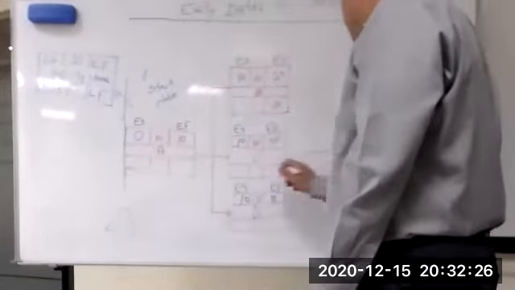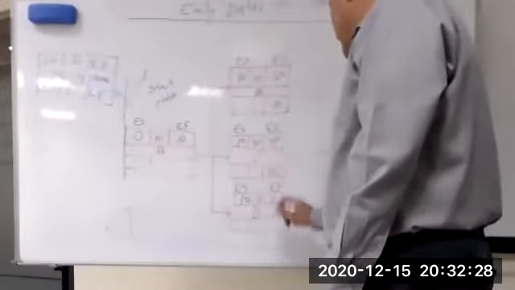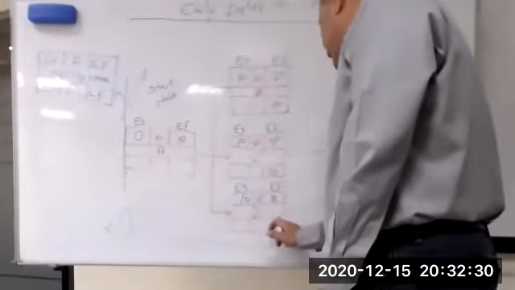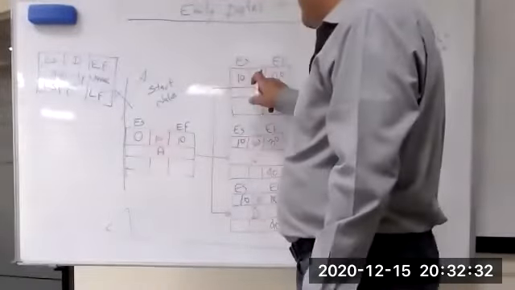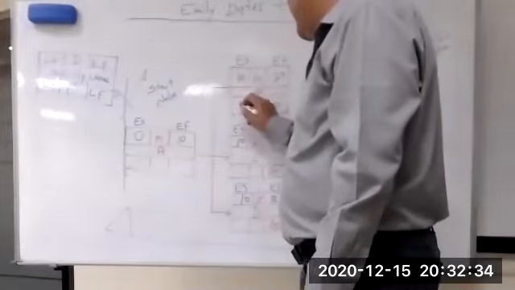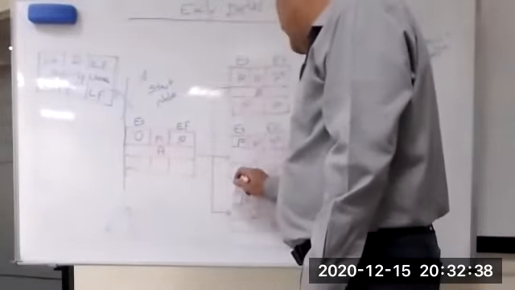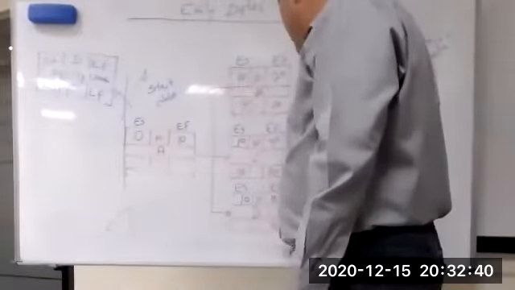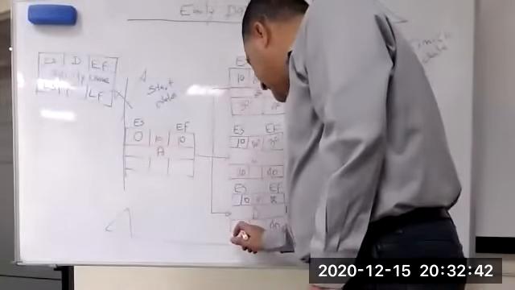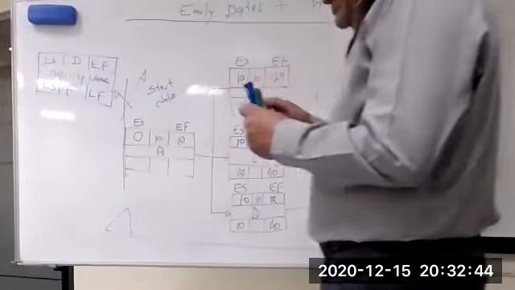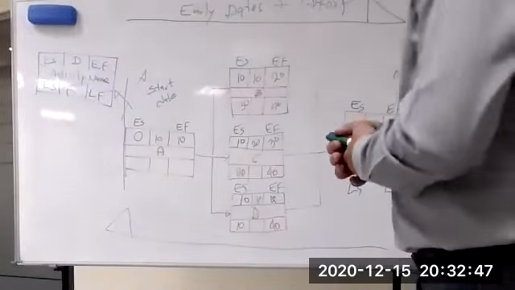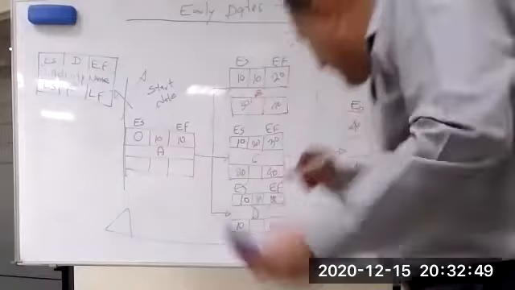Stop, 40. 40 minus 10. 40 minus 20. 40 minus 30, 10. Where is the lowest late start? Where is the lowest here?